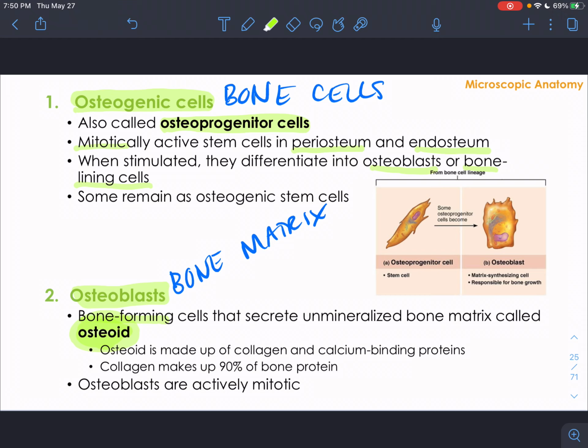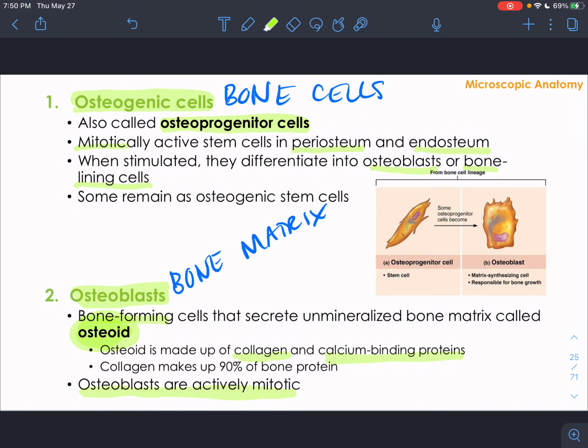So the osteoid is made up of those collagen fibers, right, which we talked about in the lamellae, are running in all different directions, and then also different calcium binding proteins. Collagen makes up about 90% of the bone's proteins, though. Okay, osteoblasts are also actively mitotic, so they can divide and create new cells as well.